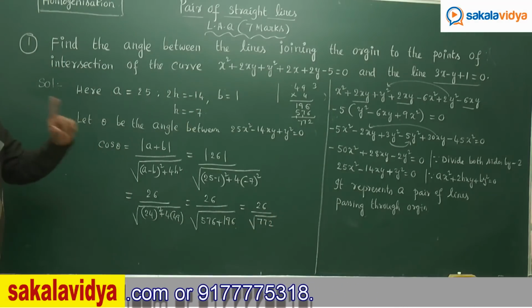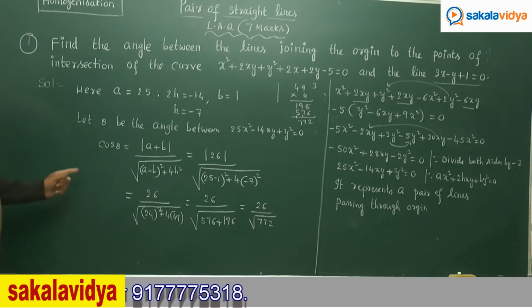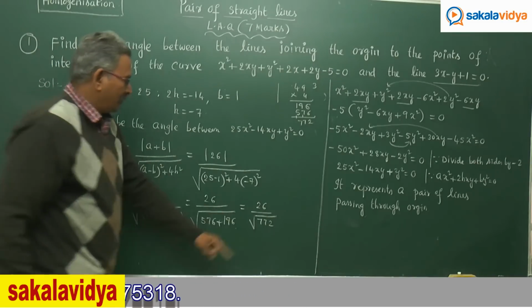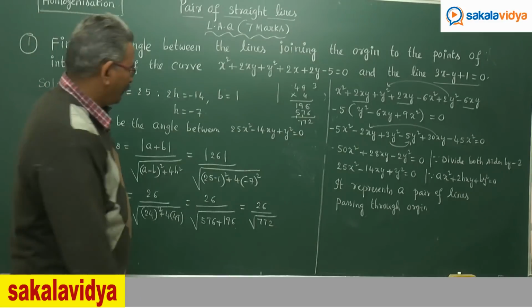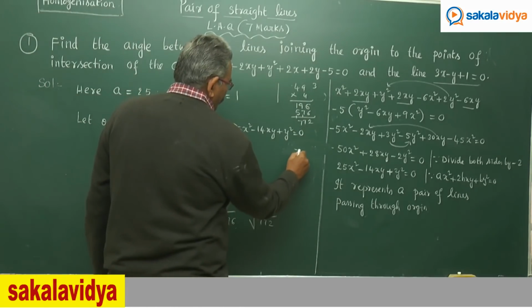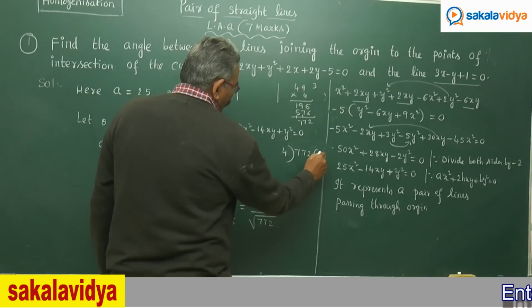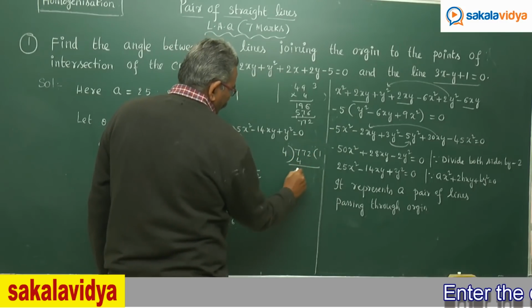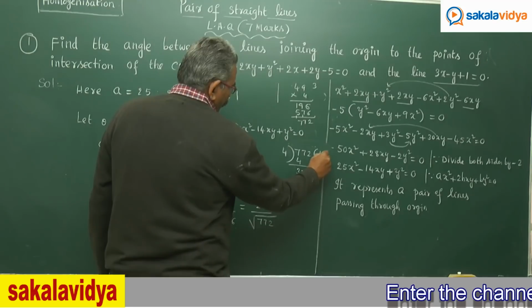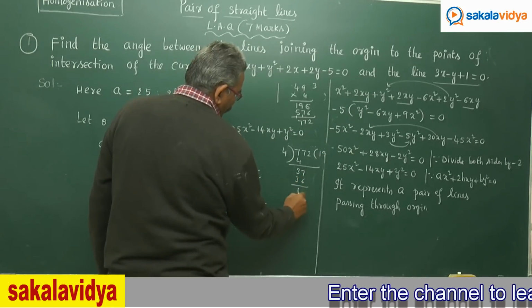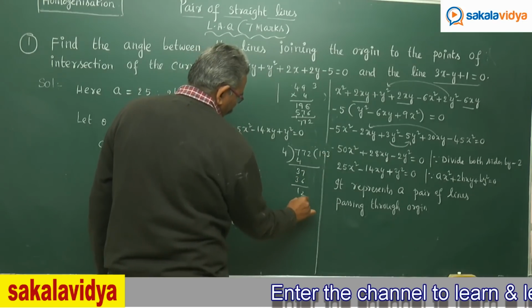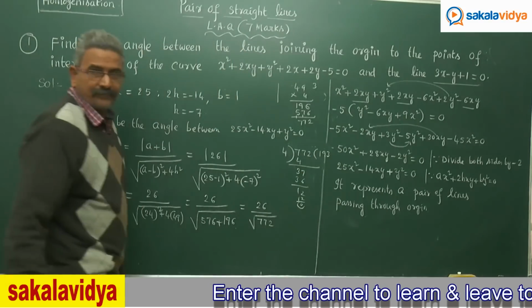Now we need to simplify this 772. 772 divided by 4 gives 193.